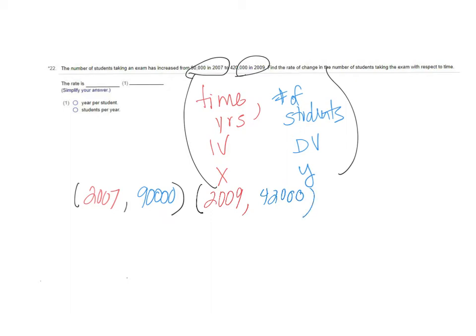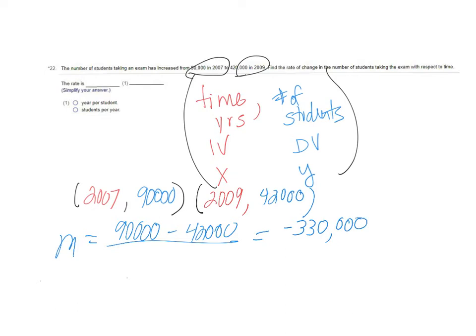And so what we're going to do is take our change in our y value. So we're going to take 90,000 and subtract 420,000. And that is going to give us a negative 330,000.